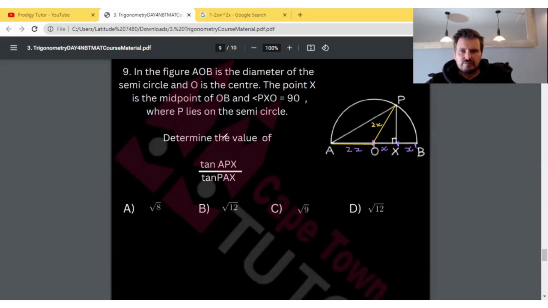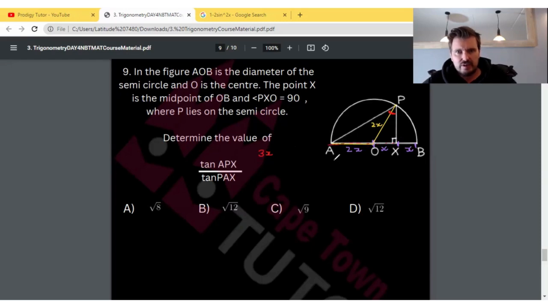Okay, let's write down what they've asked us for: tan APX. So we're looking for this angle here. Tan equals opposite over adjacent. The opposite would be 3x, because it's AX.